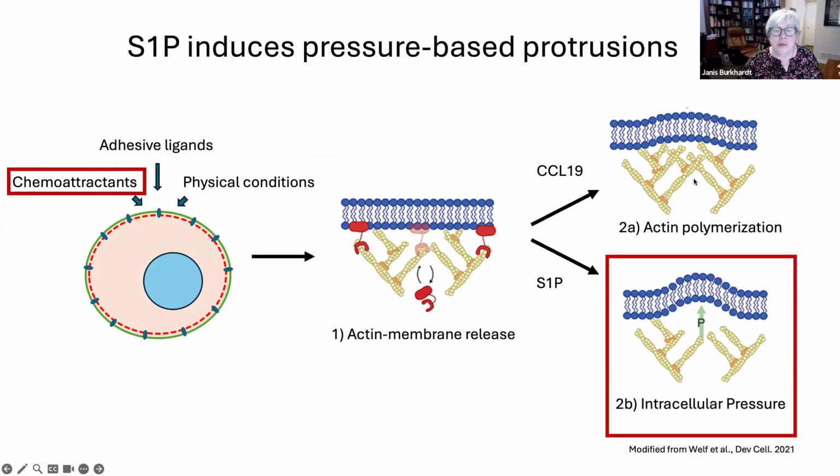In contrast, something like CCL19 is doing a similar thing with the actin cortical release, albeit with different kinetics, and driving an actin polymerization based protrusive force. So two different chemoattractants, two different types of protrusive force, and differential control of this cortical release mechanism.